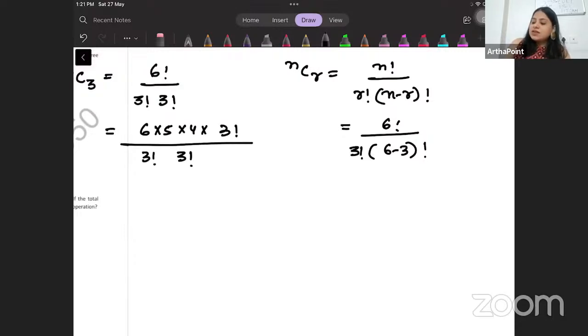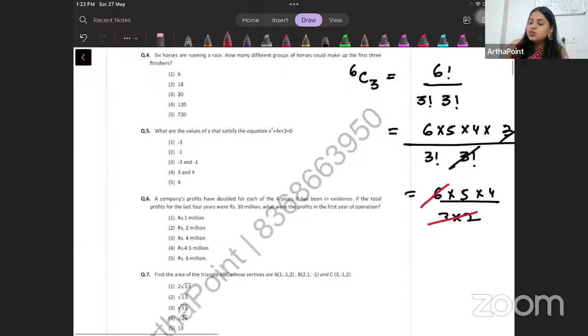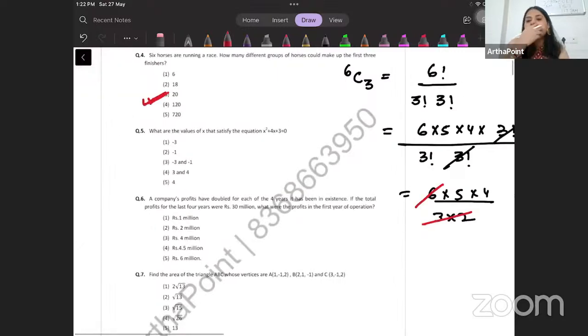So beta, this will get cancelled out and this will be 6 into 5 into 4 upon 3 into 2. 3 factorial is 3 into 2. So 3 into 2 is 6, and 6 cancels, and this will be 20. So the answer to this question will be 20. I hope this is clear to you.